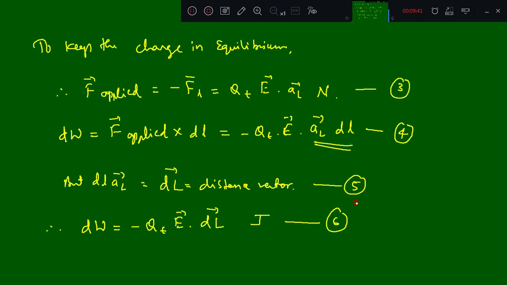Thus the work done over the distance from the initial position to the final position we need to find. So this is the small distance dl. If you want to take it from some initial to final position, we need to do the integration on both sides for the differential work done.